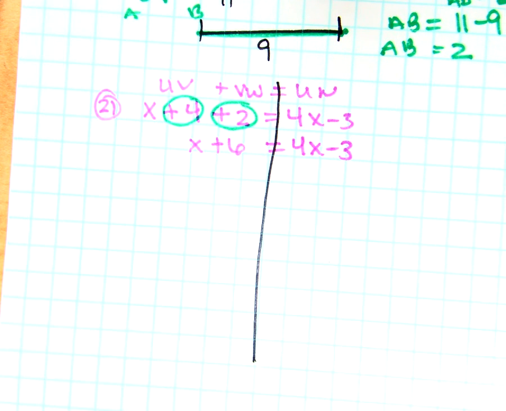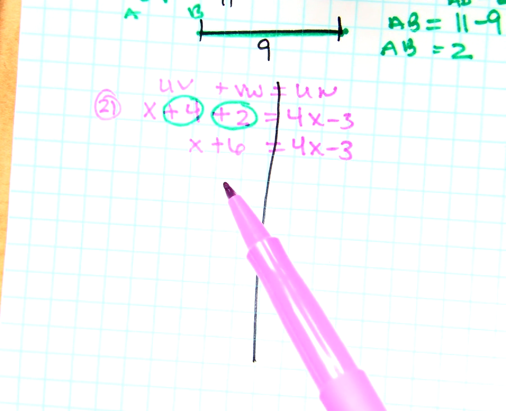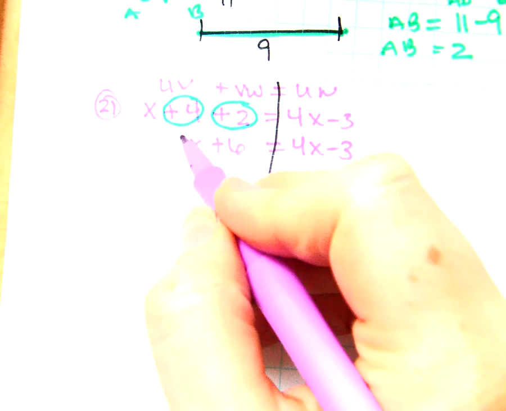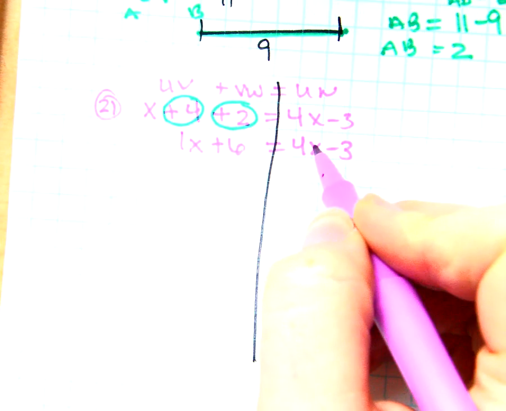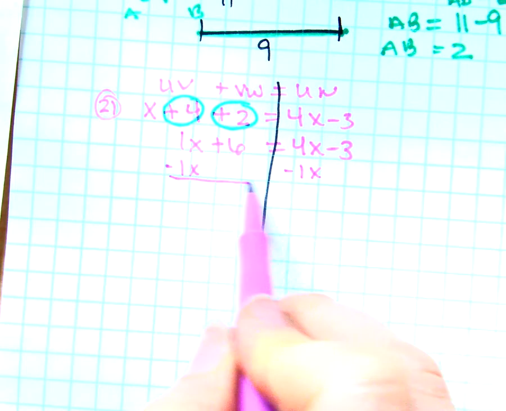And then the next step is to get x on one side of the equal sign. I usually like to not subtract necessarily, but to move the smaller one so that I don't end up with negatives. So I have a 1x and a 4x. So I'm going to take this 1x away from this 4x. So I subtract 1x from each side of the equal sign.